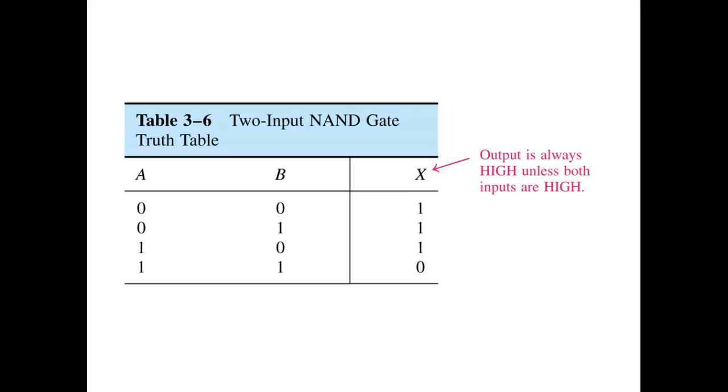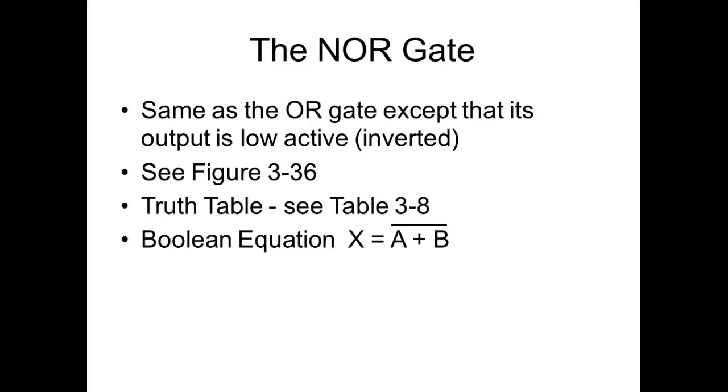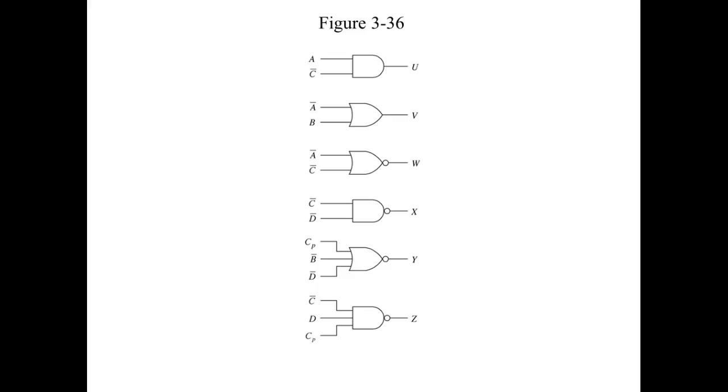So here's a truth table for a 2-input AND gate. This is an OR, guys. Y'all understand that now? Same as an OR gate, except that the output is low active. So here we would say, any high equals a low.